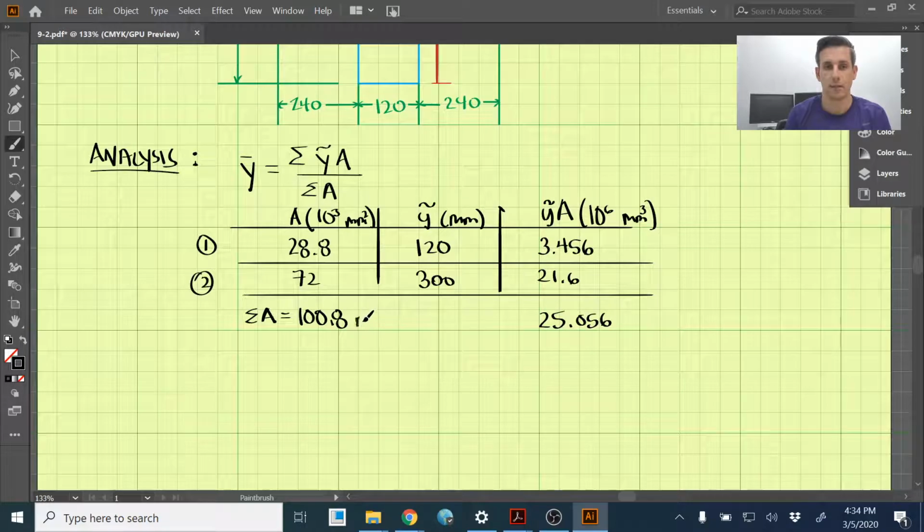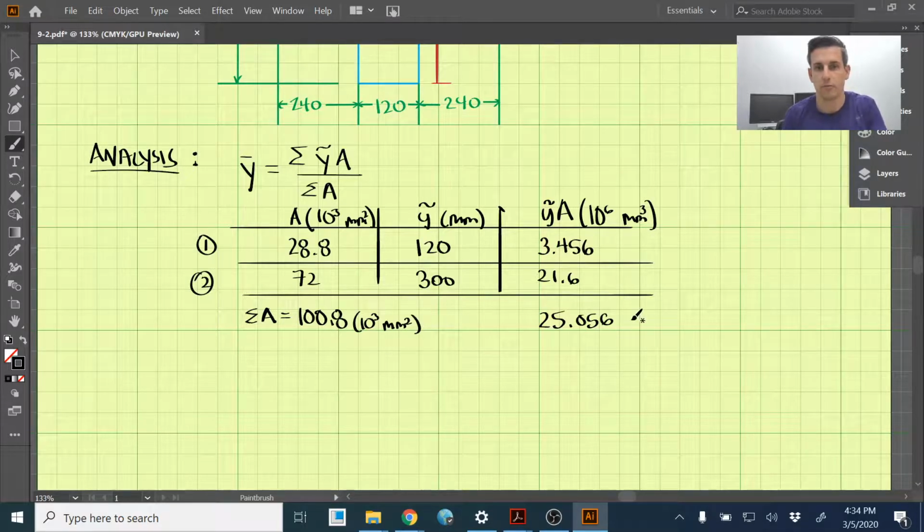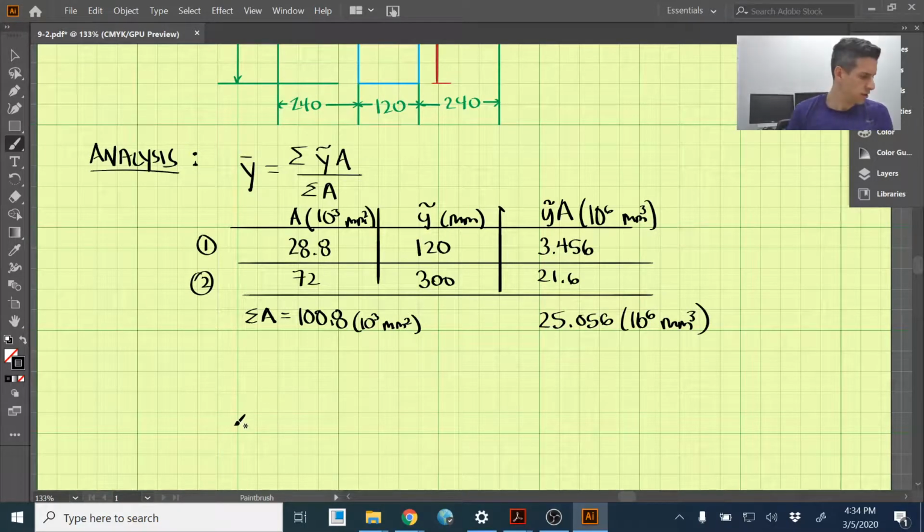And remember the units: this one is 10 to the third millimeters squared, and this one is 10 to the 6th millimeters cubed.